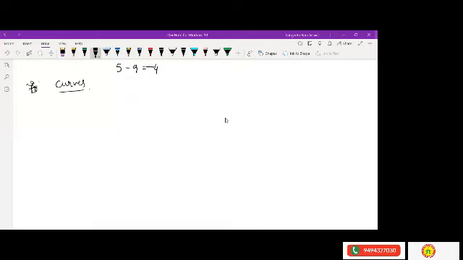Now when we talk of curves, we say there is a closed curve, and we have an open curve. Closed curve is like a circle shape. It's a curve which is closed.